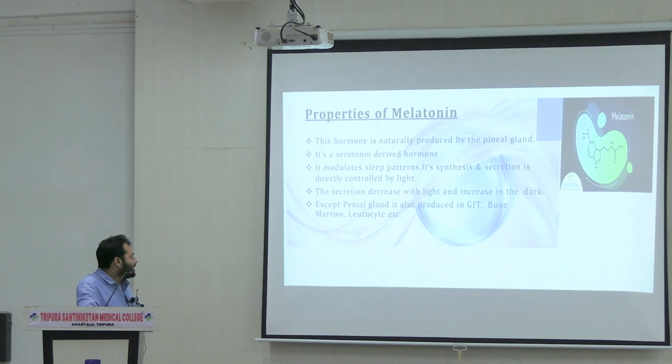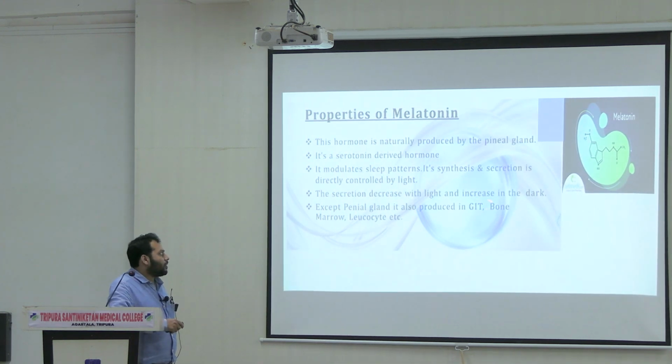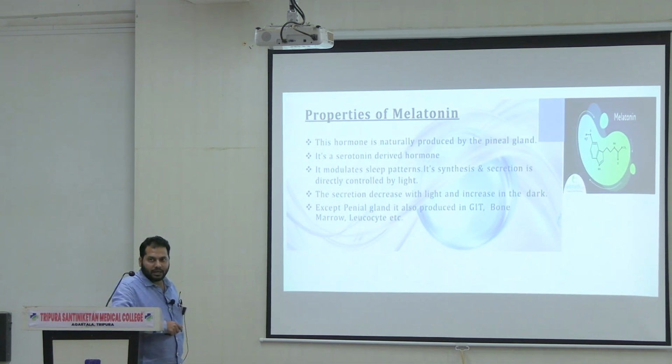Right? Other than the pineal gland, melatonin is also produced in other parts of the body, like the gastrointestinal tract, bone marrow and leukocytes. So these are some of the important features related to the pineal gland, as well as the features of melatonin.